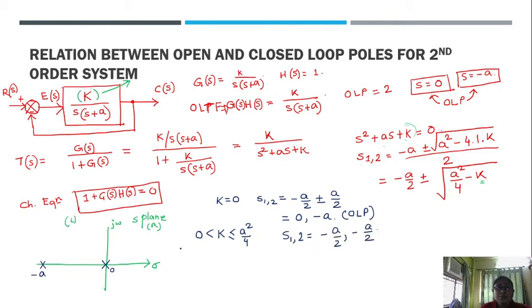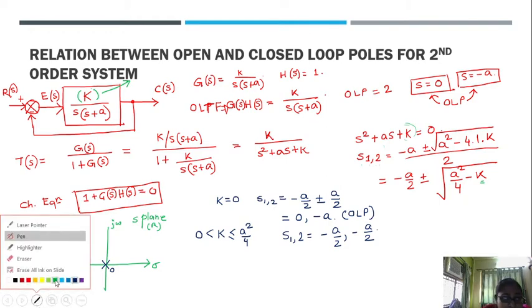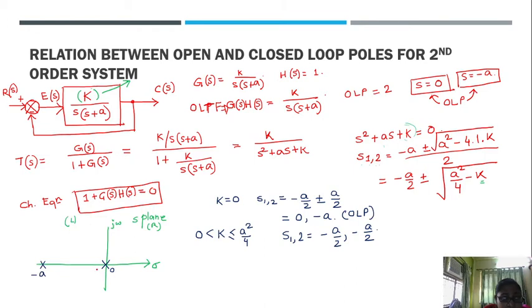That means you can understand that the value of k was initially 0, and you have increased the gain value from 0 to a certain value.